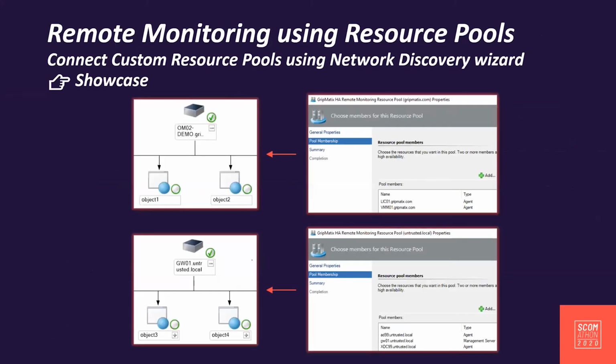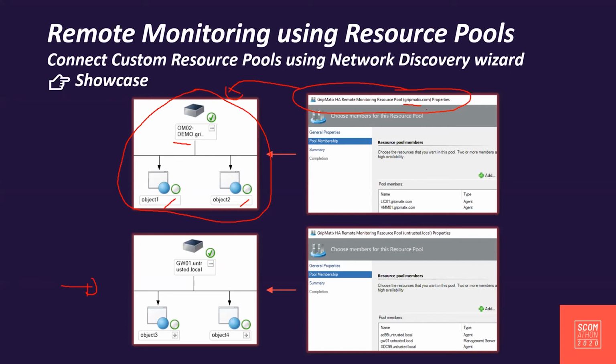Once you have that, it looks like this. Here you can see a resource pool connected to a tree of objects. This is a root object, that dummy network device, and these are some child objects. This is a domain called gridmatics.com.